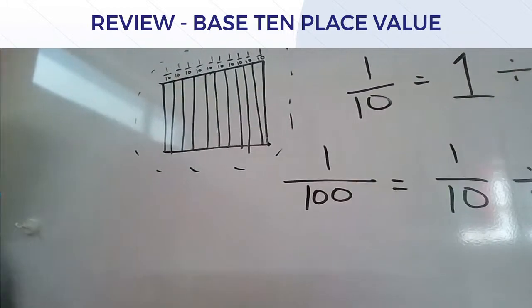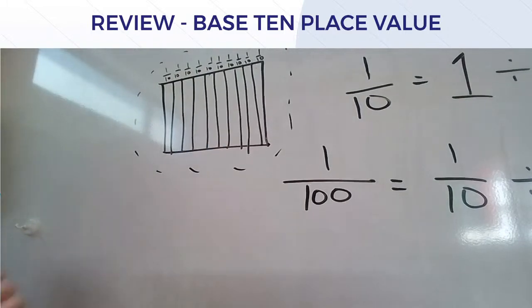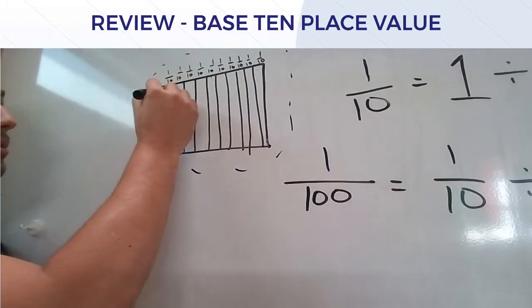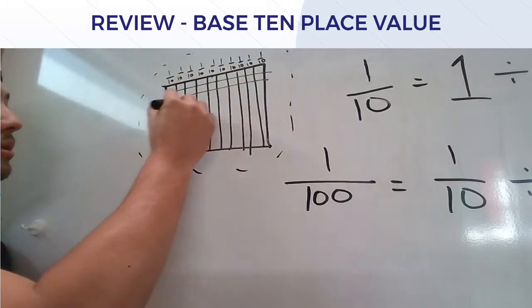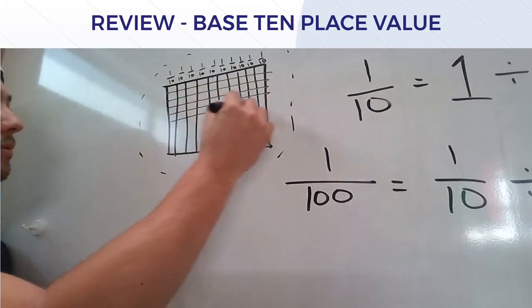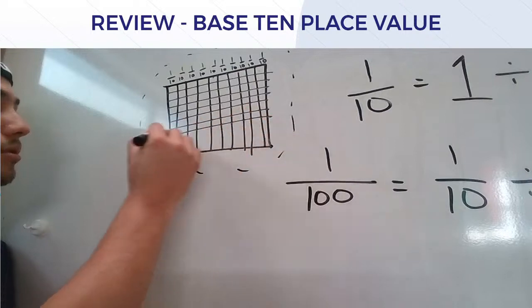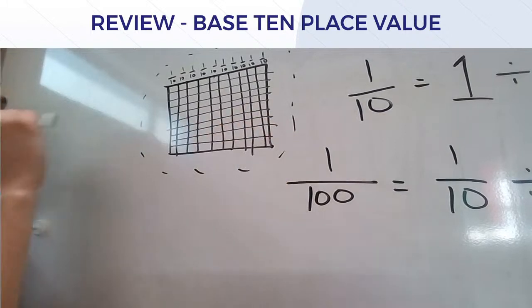So let's take each of our 1/10ths and divide them into 10 equal pieces. 1, 2, 3, 9, 10. Okay?